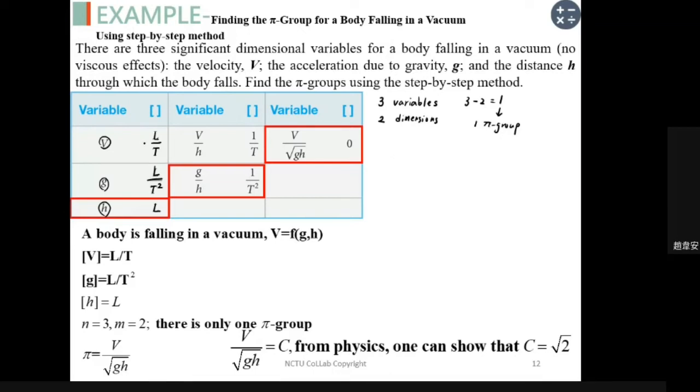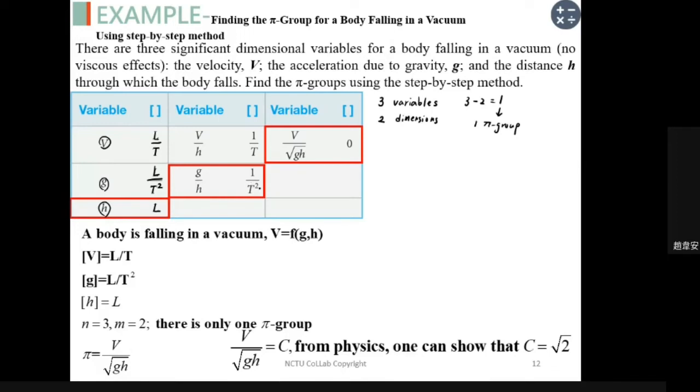After we list all of the dimensions for our physical variables, we use h to cancel out the L dimension for other physical variables. For the velocity, we divide by h, and you see the L dimension is cancelled out. For the gravity, we also divide by h, and you see the L length is cancelled out.